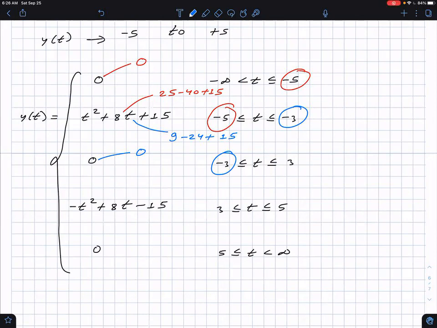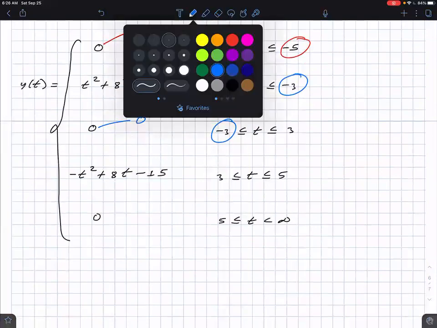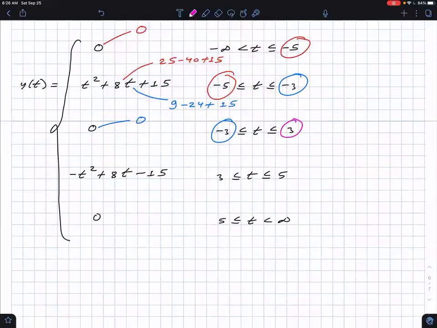So at t equals -3 also, the boundary values look good. The next one is for t equals 3. If we evaluate the fourth expression at t equals 3, we get -9 plus 24 minus 15, which is a 0. If we evaluate the third expression at t equals 3, it is also a 0. So we have a match again.